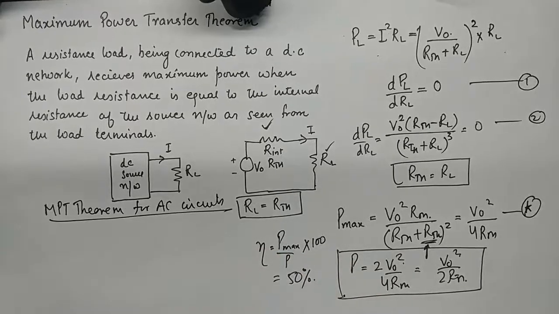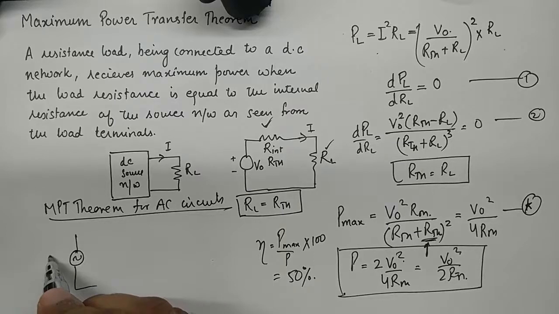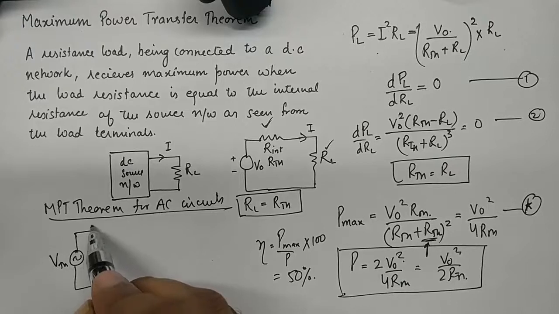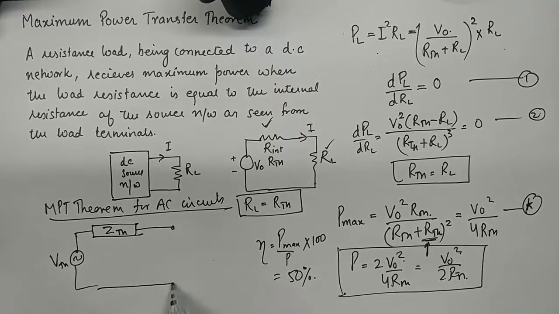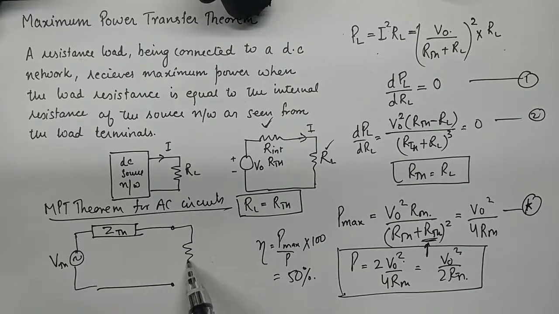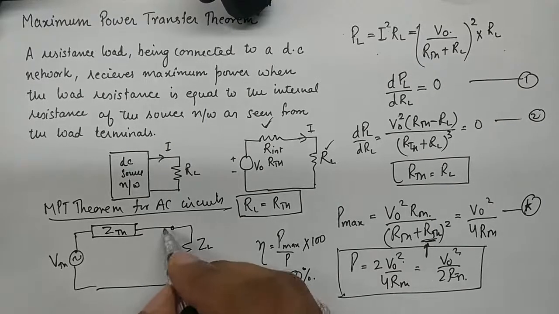Now we know that for AC circuits it is no different to calculate the Thevenin's equivalent circuit, but what we get as an equivalent circuit is a value of VTH, which will be AC, and we get ZTH, which is Thevenin's equivalent impedance. And what load should I connect here? What should be the value of ZL so that maximum power is transferred?